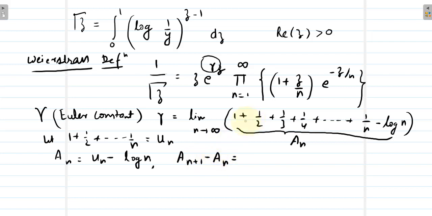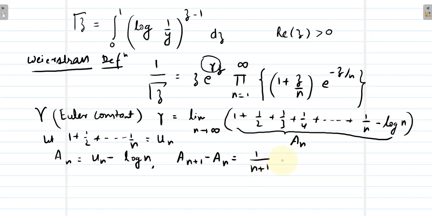Now, if we try to find an plus 1 minus an, what do we get? Actually, an plus 1 will be the summation from 1 to 1 over n plus 1 minus log n plus 1 also. And if we subtract an from an plus 1, all these terms from 1 to 1 over n will be subtracted, and what we will get is only this term 1 over n plus 1.